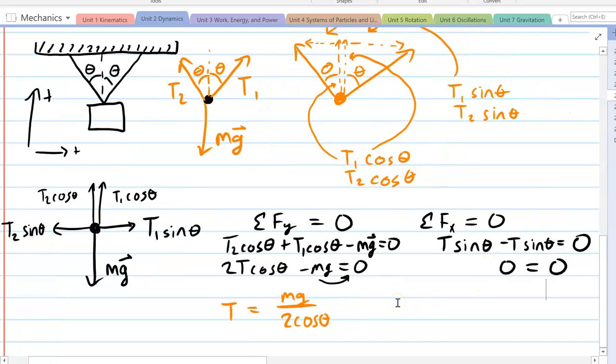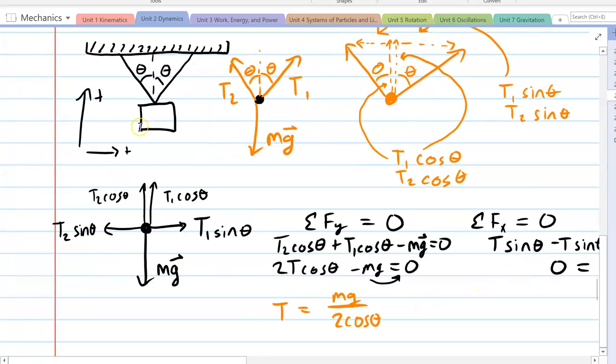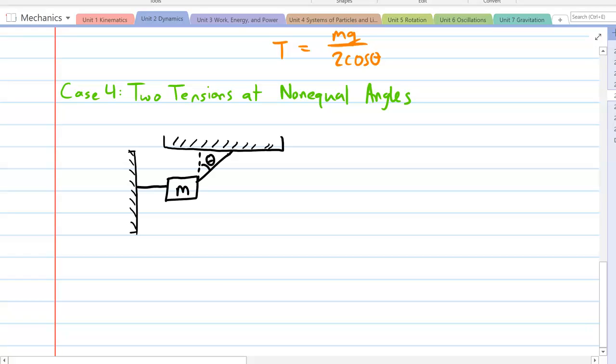So now we're going to look at the final case, which is when these two are not symmetric to each other. So here's our final example, the one that I was talking about with the non-equal angles. And you can see they're completely non-equal, right? You have one where one of the tensions, I'm going to label this tension 1, is attached to a wall, and then the other one's kind of at an angle that's attached to a ceiling, and it's just holding the mass in place like that.